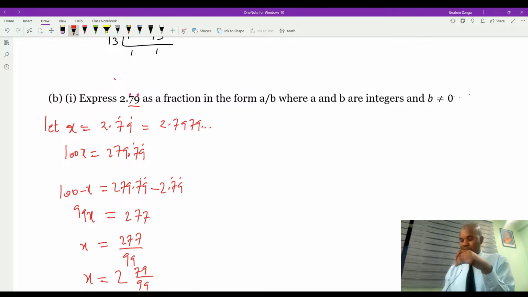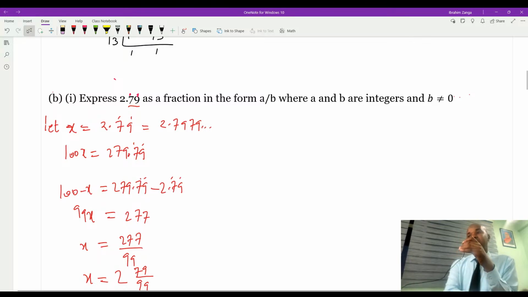So 99 times 2 plus 79. Of course, 2 times 99, you get 198. 198 plus 79, you get 277.